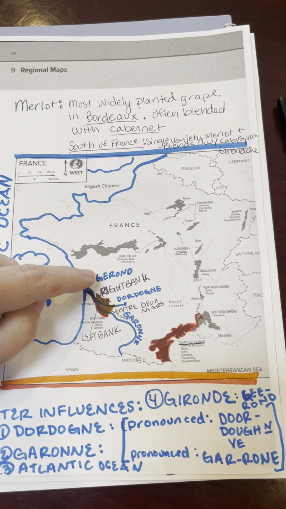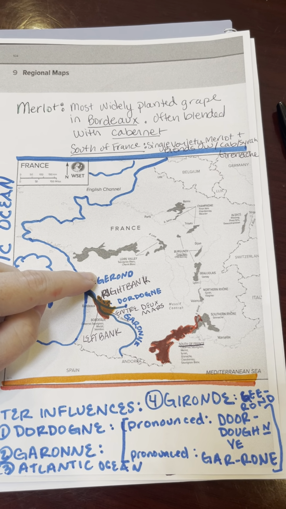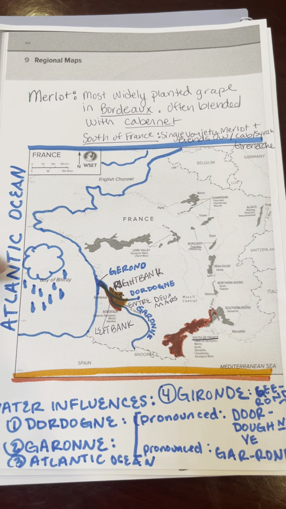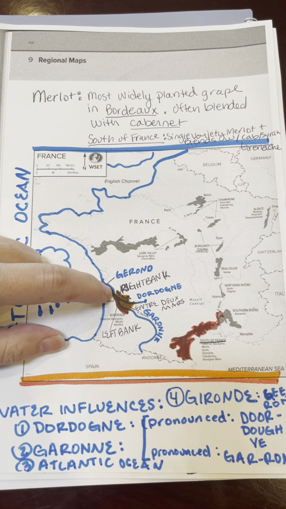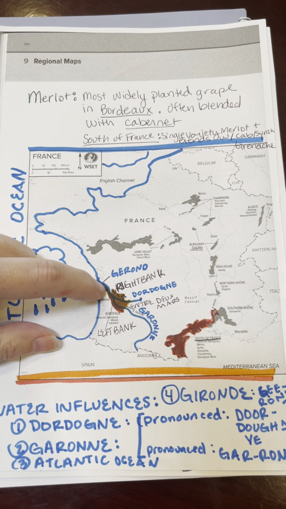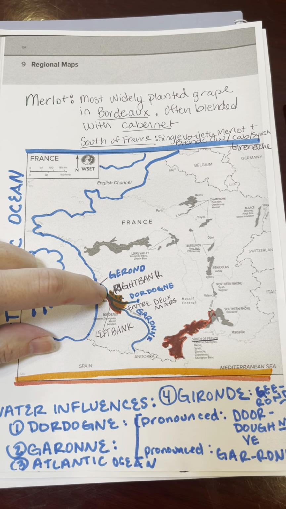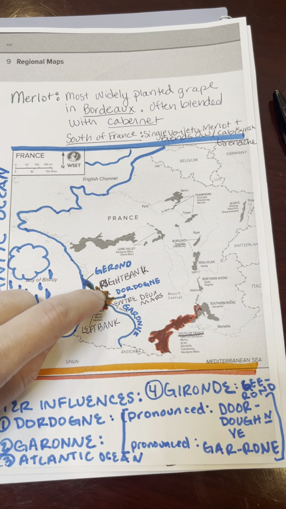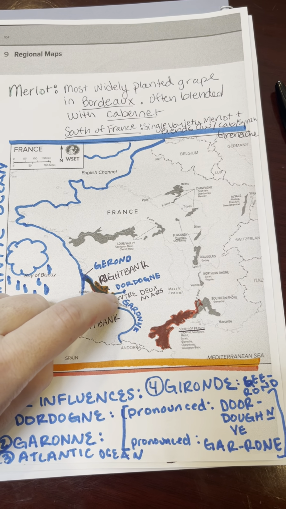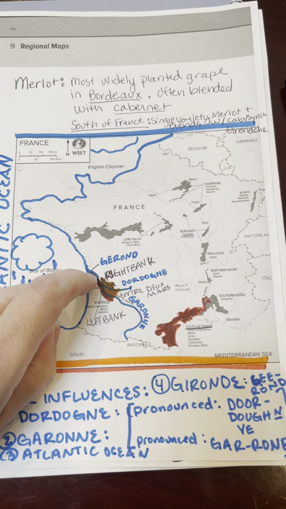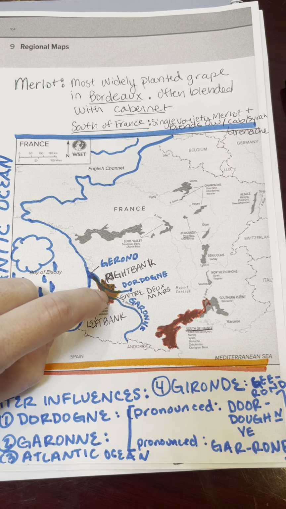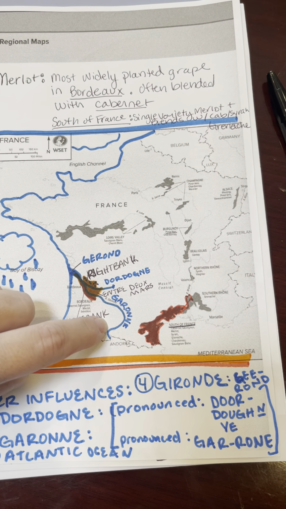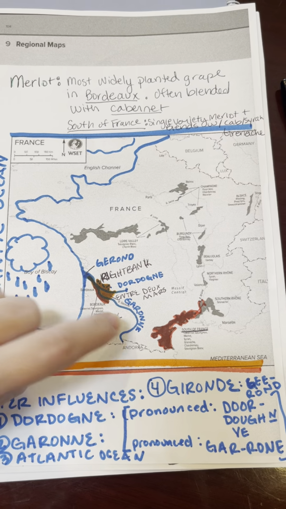The Gironde, this is where the Atlantic Ocean comes into the inland part of France right here, and it breaks up into two rivers, the Dordogne River in the north part of Bordeaux, and the Garonne River.